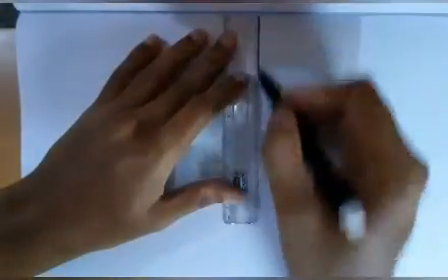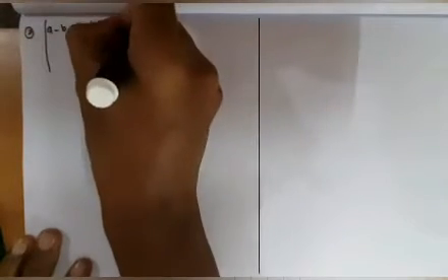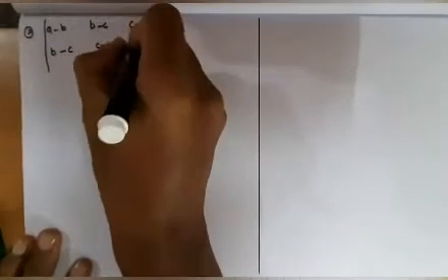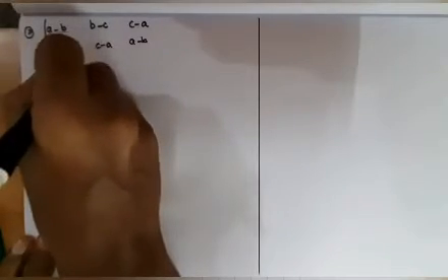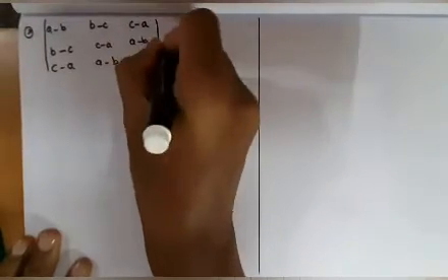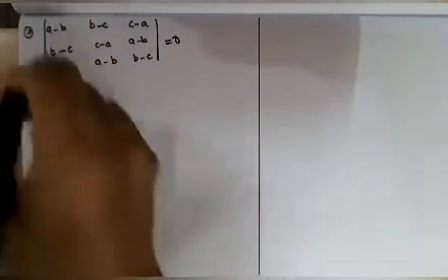Okay, so now we move to question number 2. The determinant of a minus b, b minus c, c minus a, b minus c, c minus a, a minus b, c minus a, a minus b, b minus c equals 0.